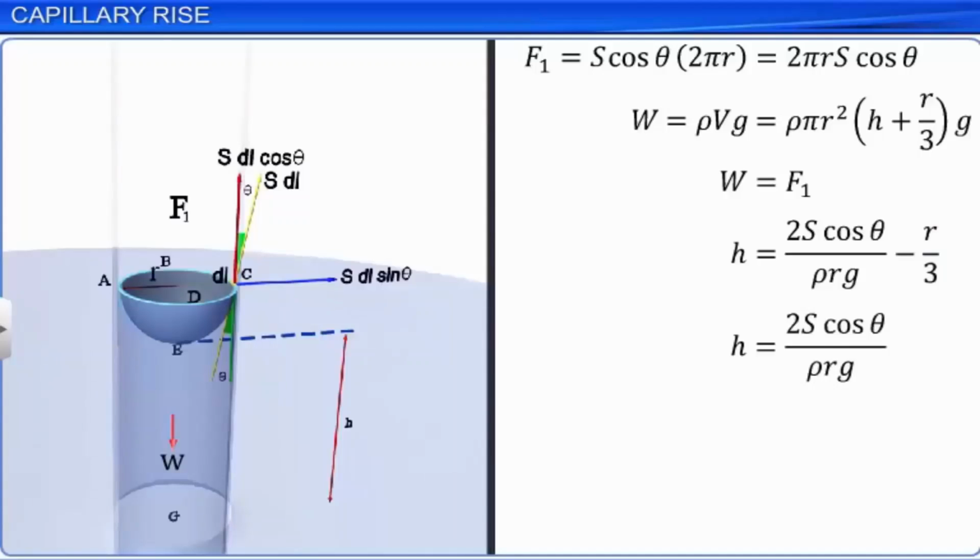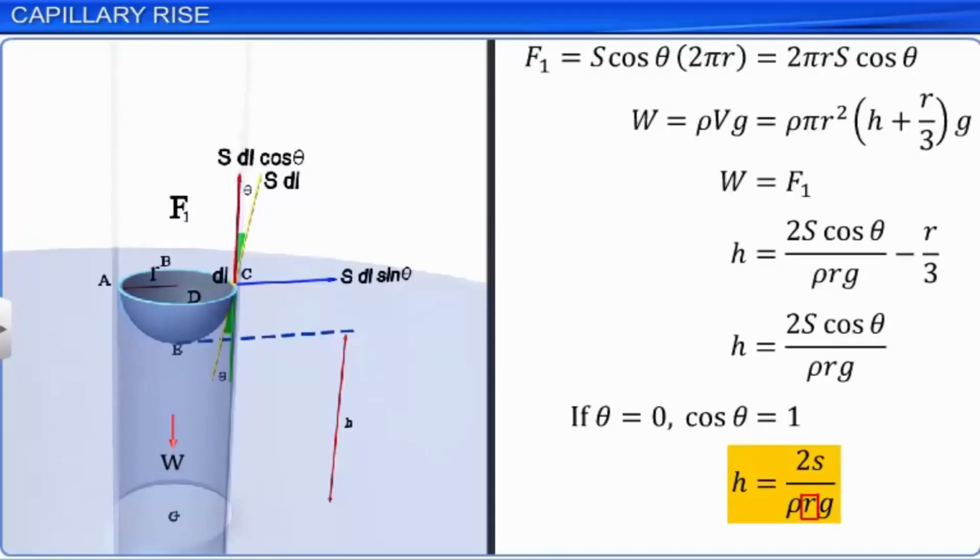If the angle of contact theta is much smaller and close to 0, as in the case of a glass-water interface, we take cos theta equal to 1. Then, the expression for capillary rise becomes h equal to 2S by rho r g. From the expression, it is clear that the capillary rise of a liquid is inversely proportional to the radius of the pore.